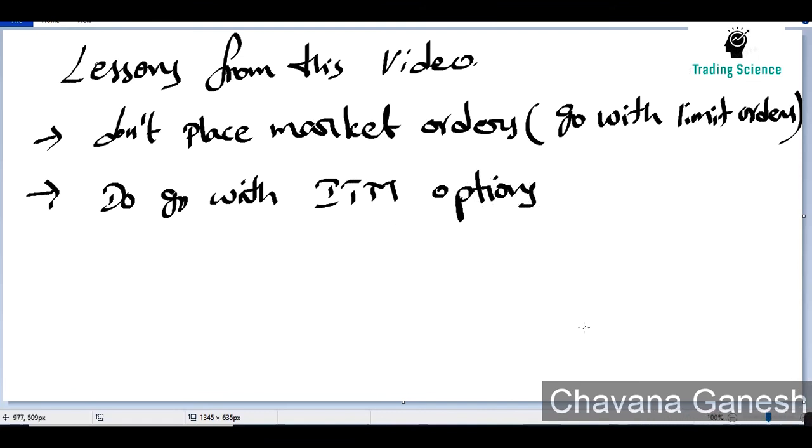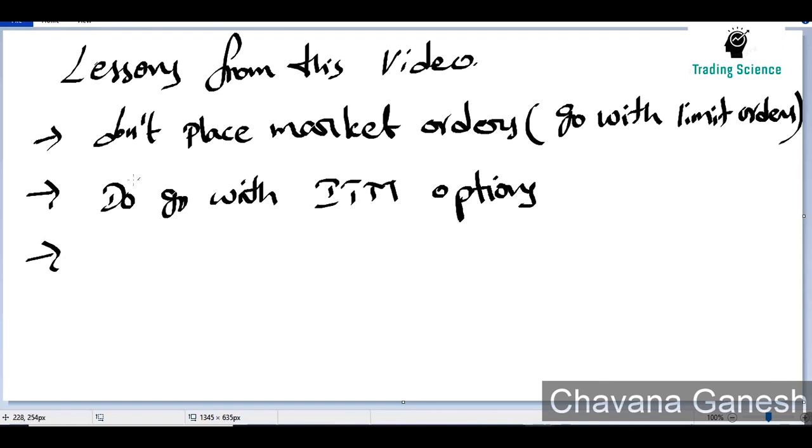Because the movement of in the money options is very high, that's why we ignore them. Actually, mistakenly I took the in the money options today, because I got fear at some point. Okay, that's fine, I hedged my positions.